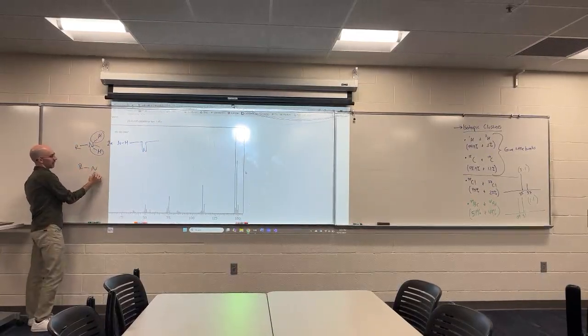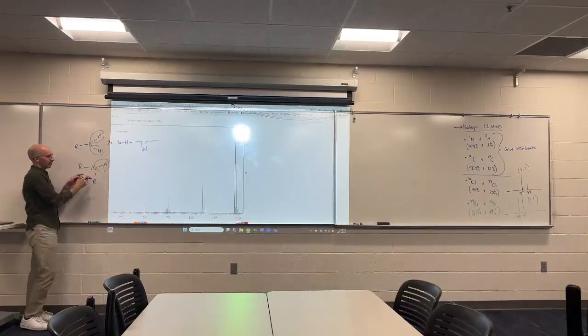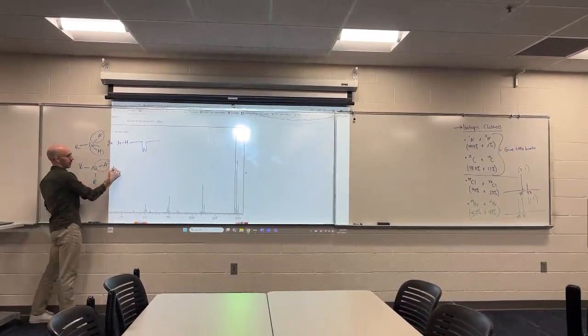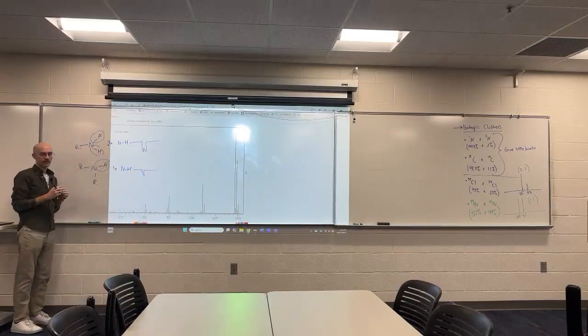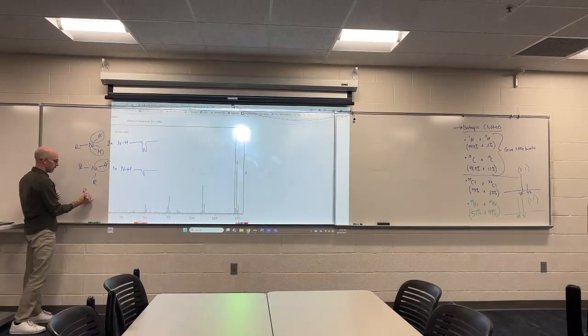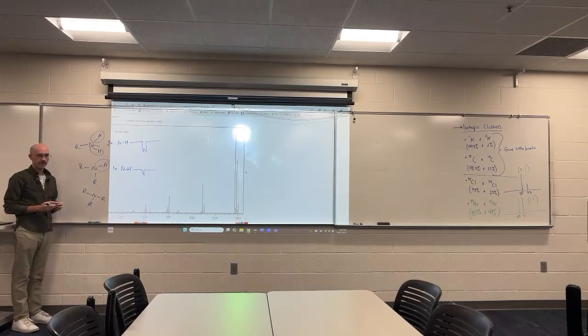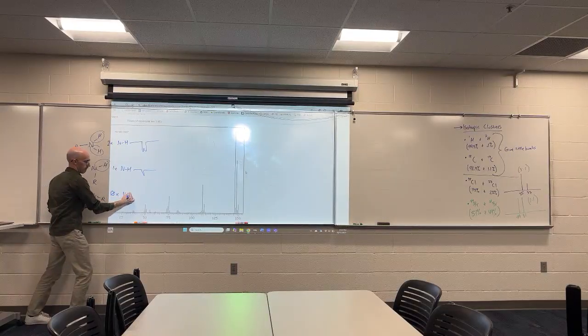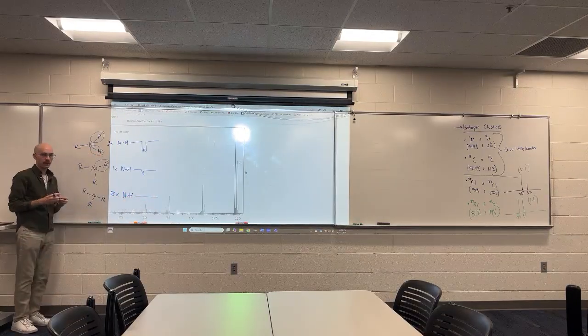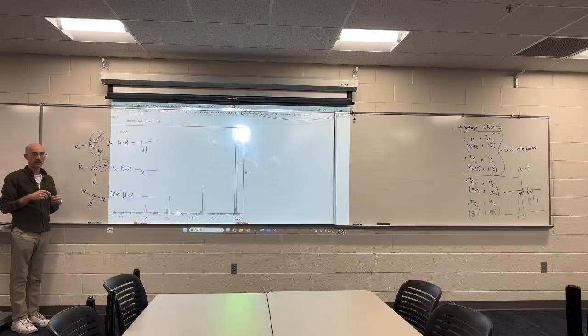A secondary amine has 2 R groups, and this gives us just 1 NH peak. But a tertiary amine, how many NH bonds? So how many NH peaks? If you see an absence of a peak, then you know that there's a tertiary amine there.